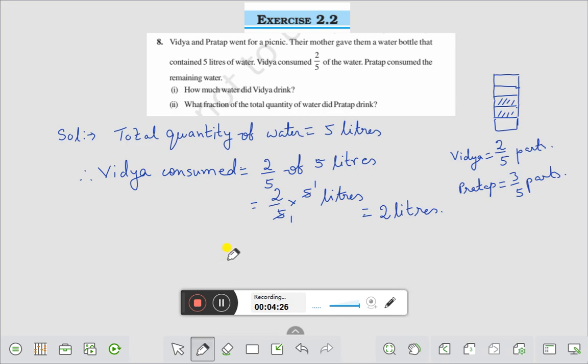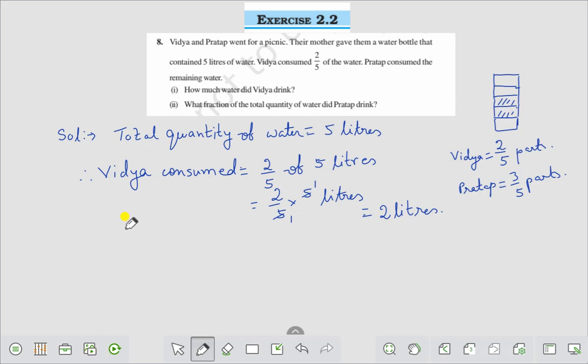Now, what fraction of the total quantity of water did Pratap drink? Pratap consumed how many parts? 3 by 5 parts.